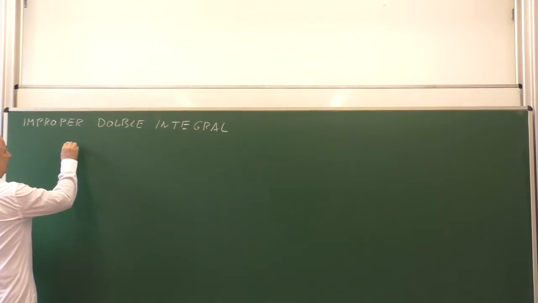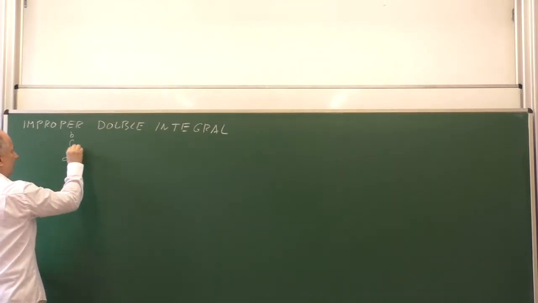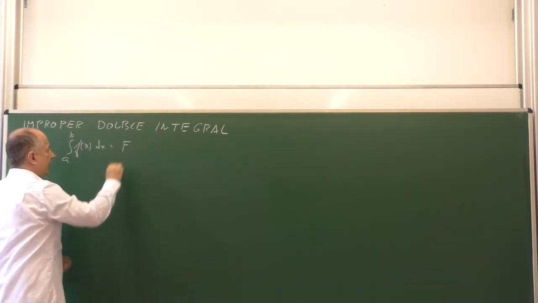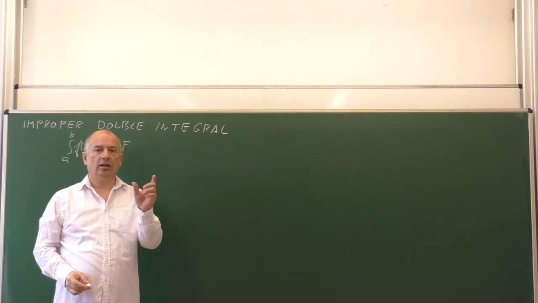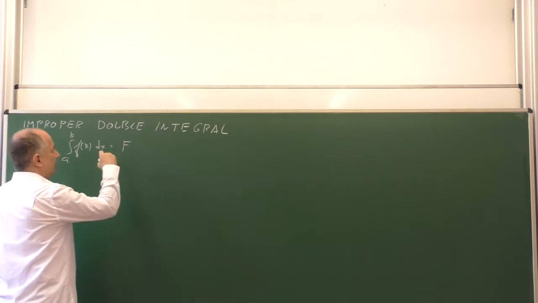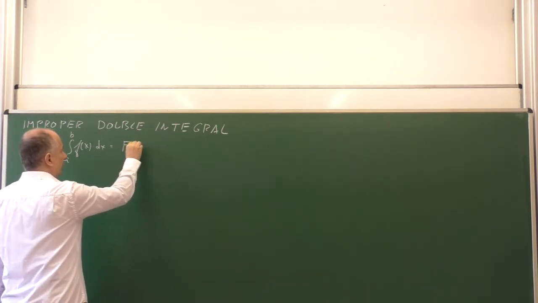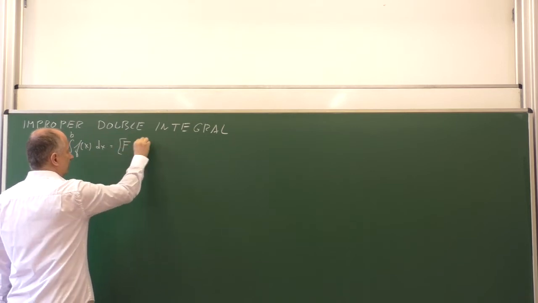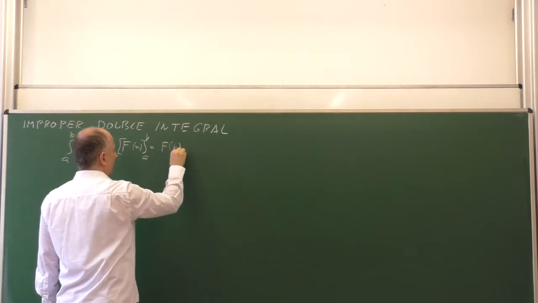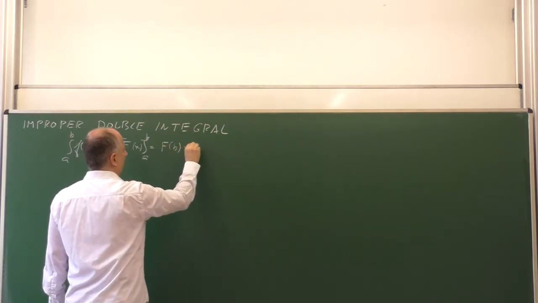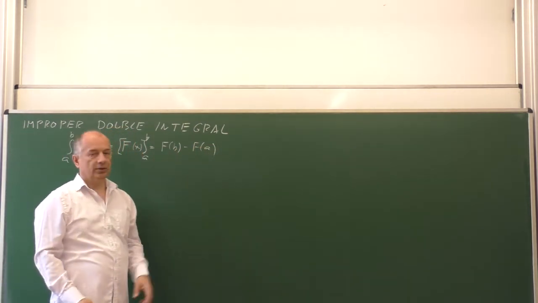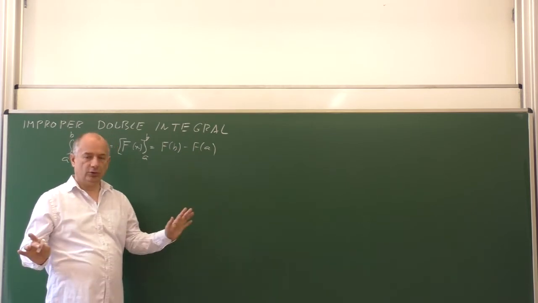So if we start with the definite integral from a to b of f(x) dx, then if the function f is continuous in the closed interval [a, b], then so is the antiderivative, and this is the antiderivative evaluated at b minus the antiderivative at a. If these function values exist, no problem.